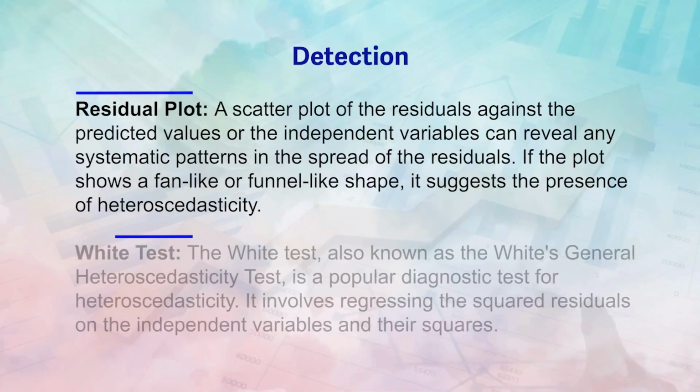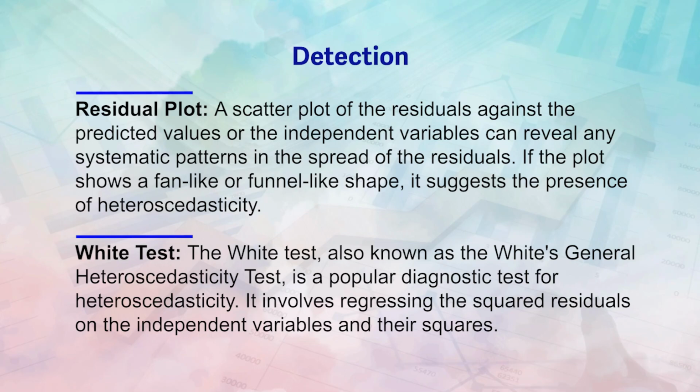Another important confirmatory test that is always conducted is the White test and the Breusch-Pagan test. The White test is a very, very popular diagnostic test. What is done is regressing the squared residuals on the independent variables and their squares. That means the residual series is obtained after the first regression.